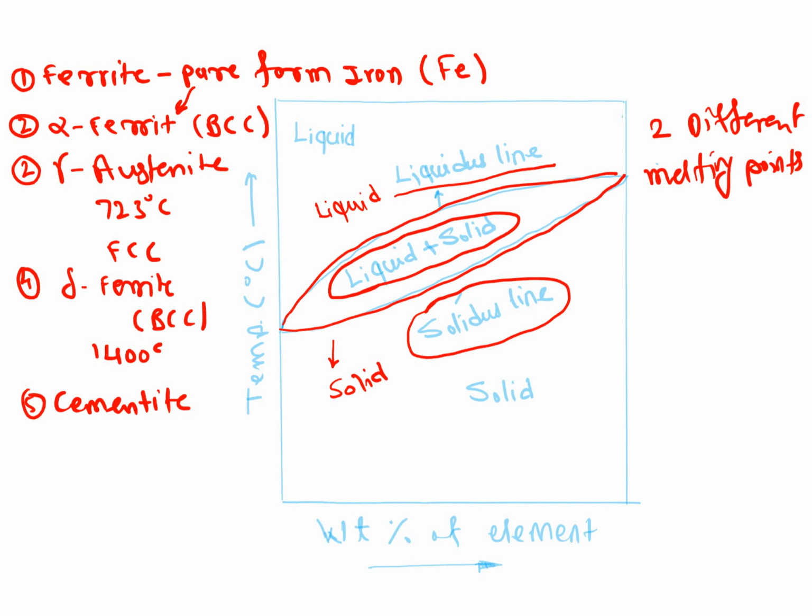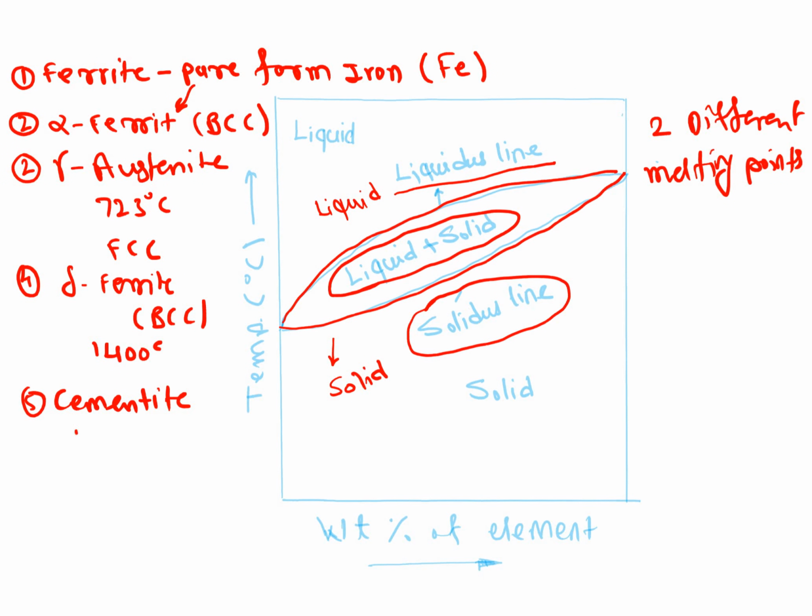We are saying that carbon gets dissolved into iron, but when it does, it forms a compound with iron, Fe3C, which we call in metallurgical language cementite, which is very hard and brittle.